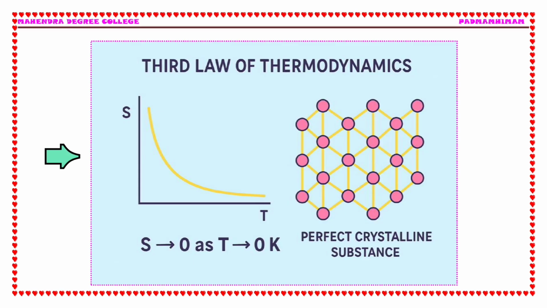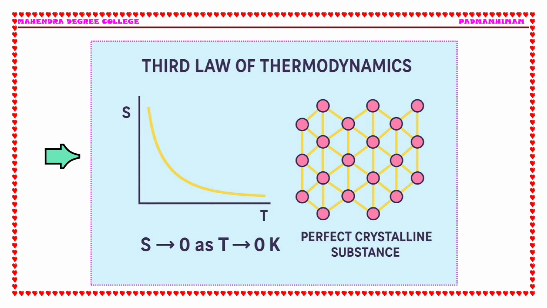The image illustrates the third law of thermodynamics, which states that the entropy of a perfect crystalline substance approaches zero as the absolute temperature approaches absolute zero, that is 0 Kelvin. S equals 0 as T equals 0 Kelvin.